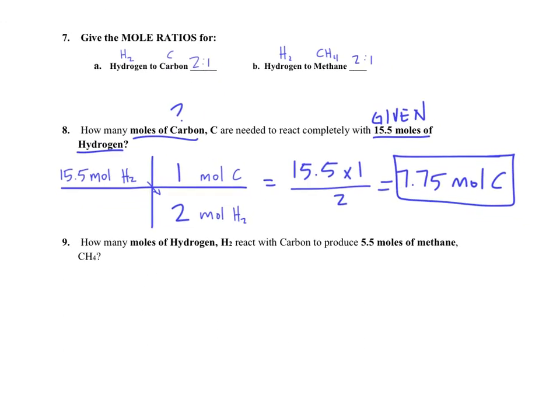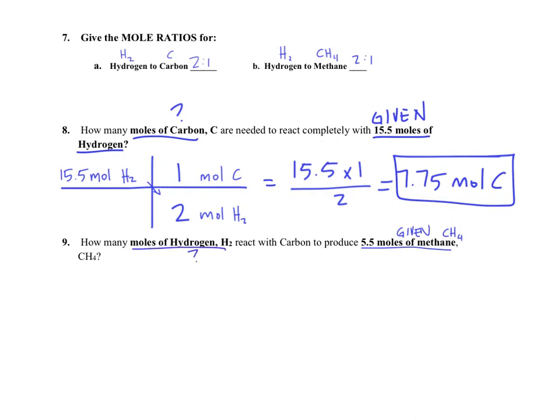And the last one, how many moles of hydrogen H2 react with carbon to produce 5.5 moles of methane? So I'm given 5.5 moles of methane. Remember, methane is carbon tetrahydride, CH4, and I want to know how many moles of hydrogen that is.